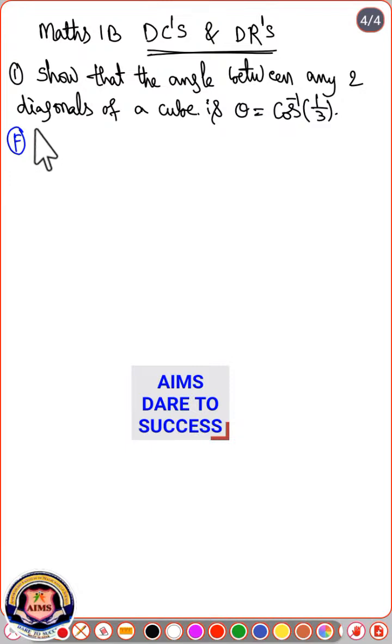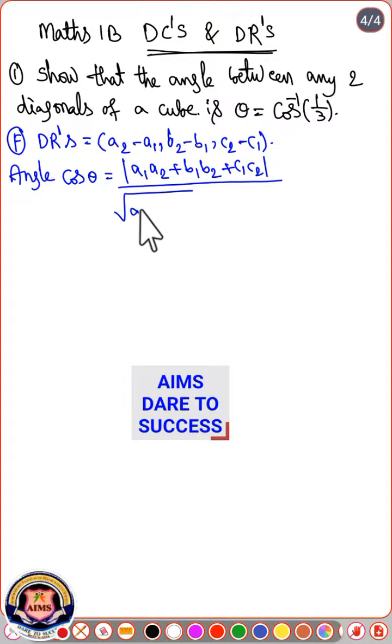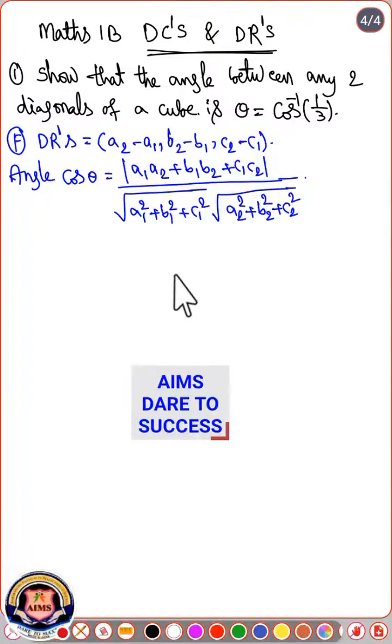My dears, the direction ratios formula is A2 minus A1, B2 minus B1, C2 minus C1, and the angle formula is cos theta is equal to mod of A1 A2 plus B1 B2 plus C1 C2, by under root A1 square plus B1 square plus C1 square, into root over A2 square plus B2 square plus C2 square. These are the two formulas, my dears.